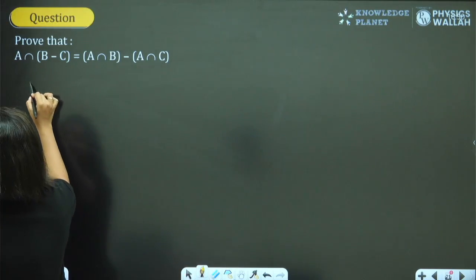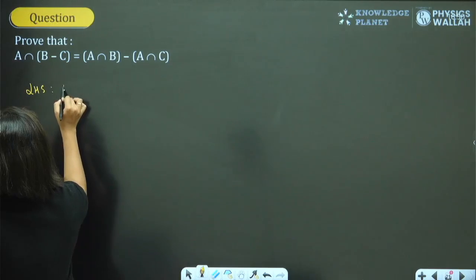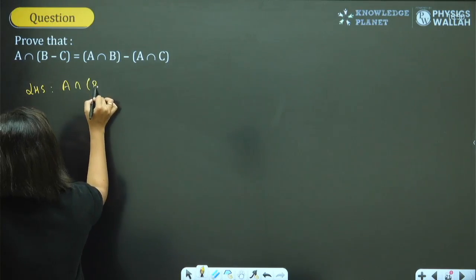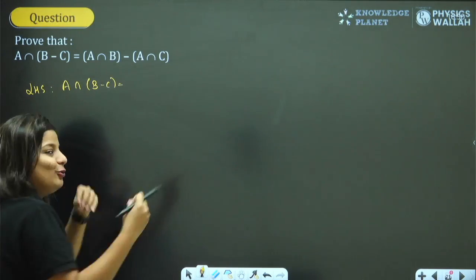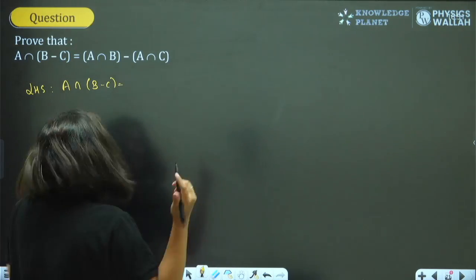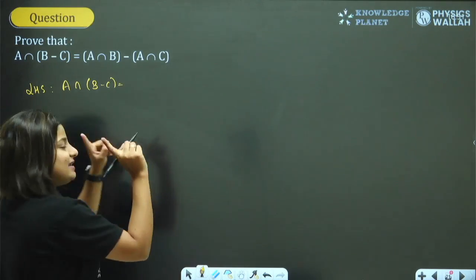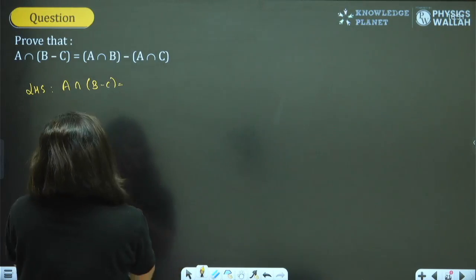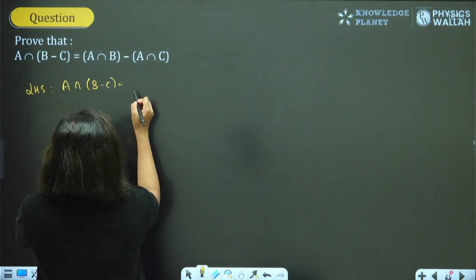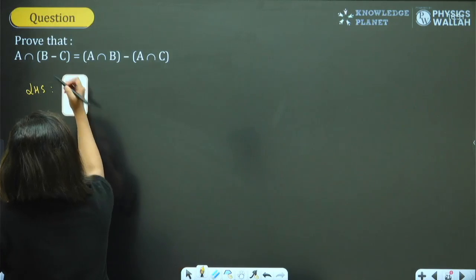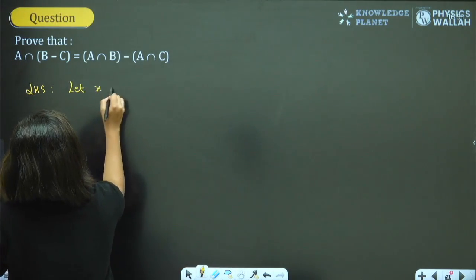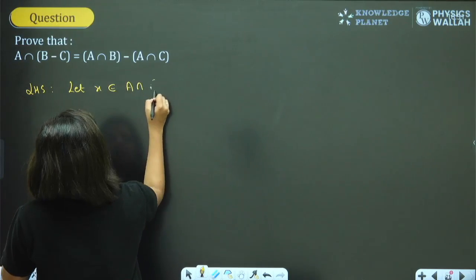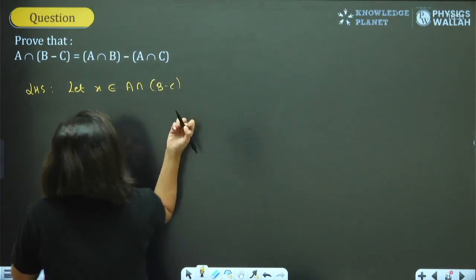Fine. What is given? LHS: A intersection B minus C. Remember, intersection stands for and, union stands for or. So let X belong to A intersection B minus C. What does this mean?